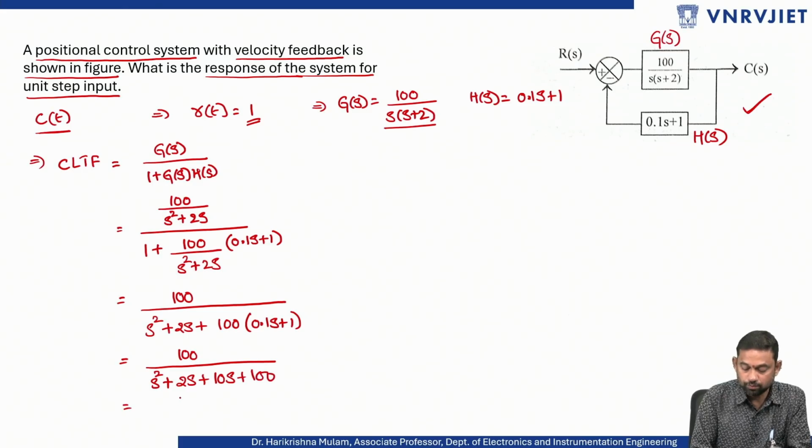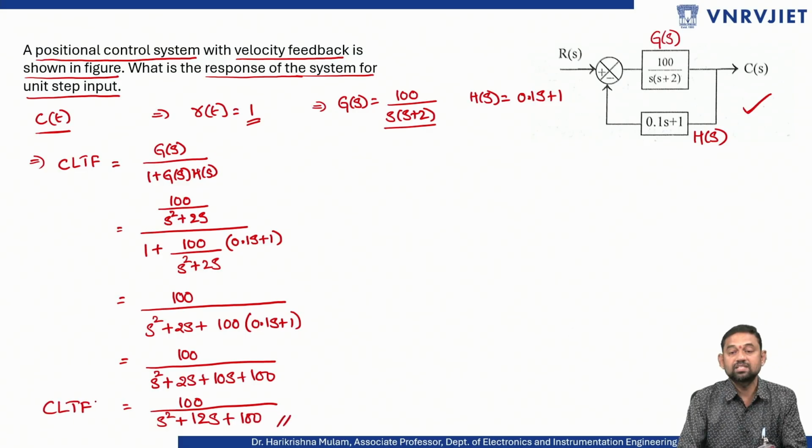That is 100 by s square plus 2s plus 10s, which is 12s, plus 100. So this is the closed loop transfer function of this system.